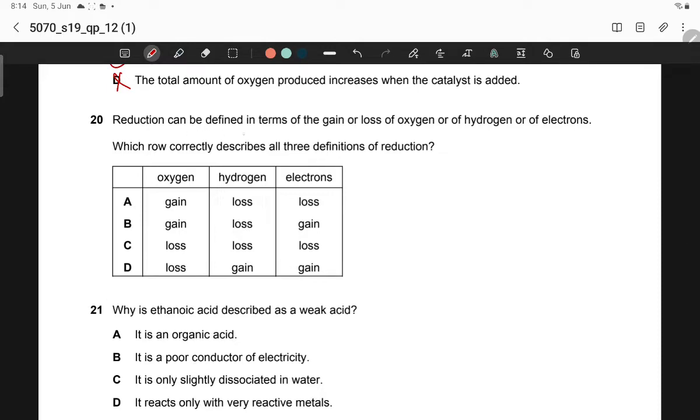Question number 20. Reduction can be defined in terms of gain or loss of oxygen, of hydrogen, or of electrons. Which row correctly describes all three definitions of reduction? Oxygen loss, gain of hydrogen and gain of electrons.